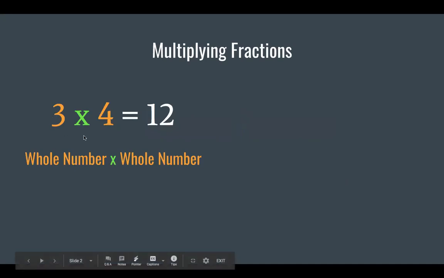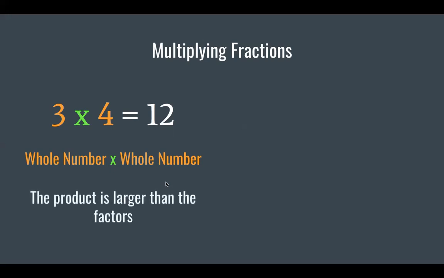When we look back at multiplication in general, we have one factor 3 multiplied by another factor 4, and that equals 12. So when you multiply a whole number by another whole number, your product is going to be larger than the factors that are being multiplied. But now I want to look at two fractions being multiplied by each other.